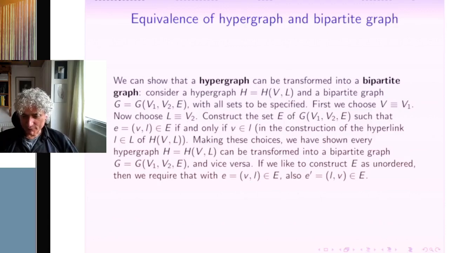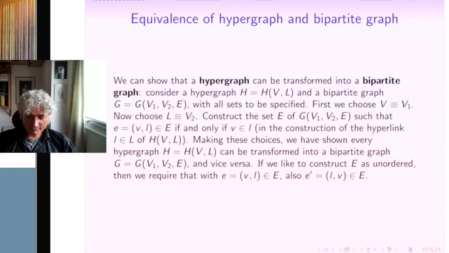So making these choices, we have shown that every hypergraph H can be transformed into a bipartite graph G, and vice versa. If we like to construct E as unordered, then we require that with E equals the two-tuple VL in E, also E prime is in E. So this is actually a remark for later.